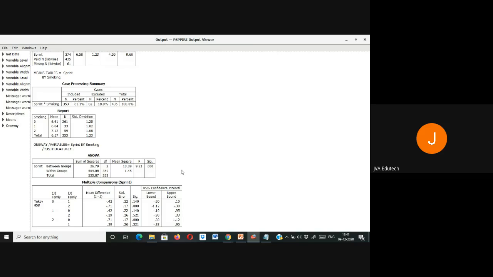And then it will calculate sprint time within the groups, मीन्स ग्रुप 0 के अंदर जितने रिस्पोंडेंट हैं उनके बीच तो कहीं डिफरेंस तो नहीं है, ग्रुप 1 के बीच जितने रिस्पोंडेंट्स हैं उनके बीच तो डिफरेंस नहीं है, ग्रुप 2 के बीच जितने रिस्पोंडेंट्स हैं उनके बीच तो डिफरेंस नहीं है। उसके बेसिस पर आपको ये देगा उनके सम ऑफ स्क्वायर्स बिटवीन द ग्रुप्स एंड विद इन द ग्रुप्स। फिर मीन स्क्वायर एरर देगा आपको between the groups and within the groups.